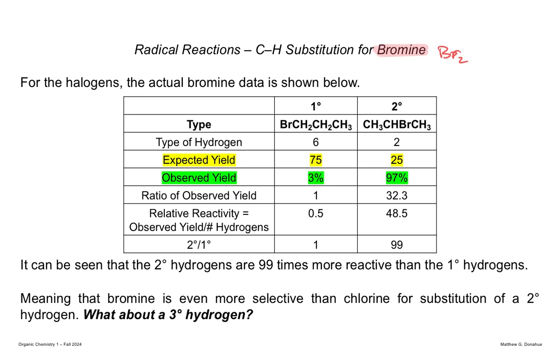The secondary bromide is now present in 97%, the primary in 3%. So you have about 33 times more of the secondary than you do the primary. So again, if you were expecting a 3-to-1 ratio, you see about 1 to 32.